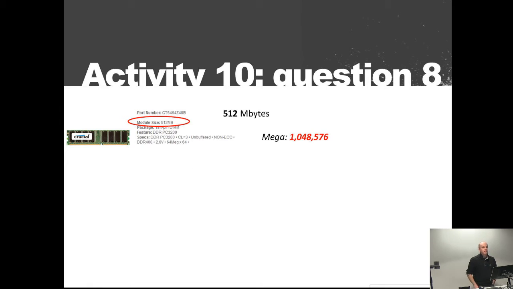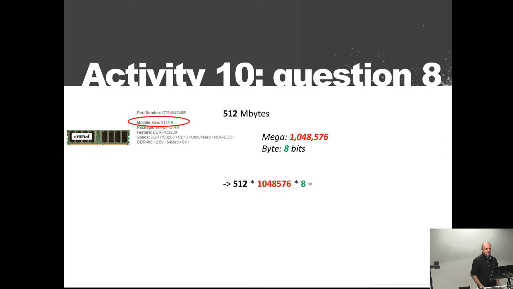Mega in computing science is not 1 million, but it's 1,048,576. And a byte is 8 bits. Because obviously I want the number in bits.